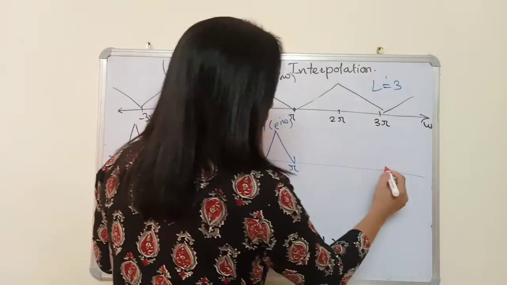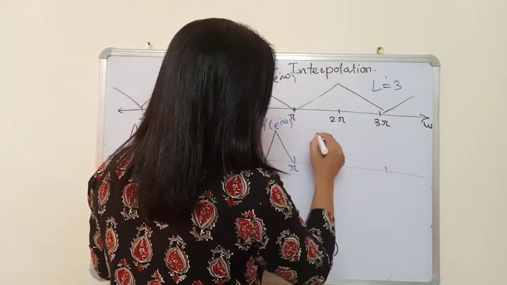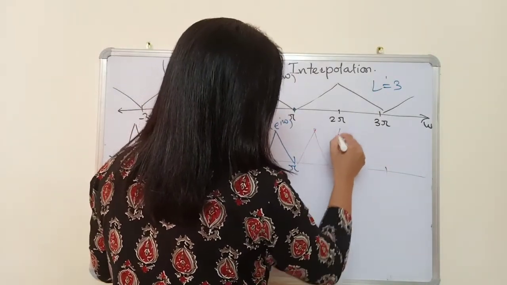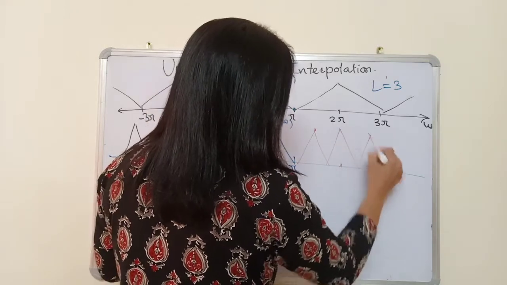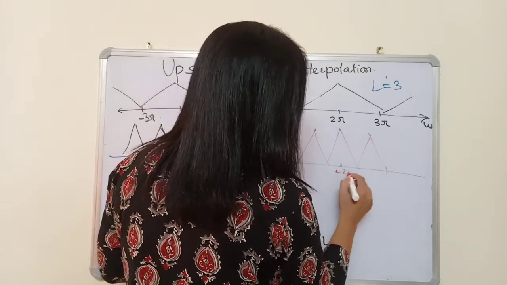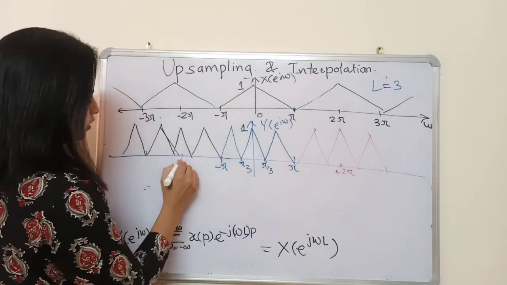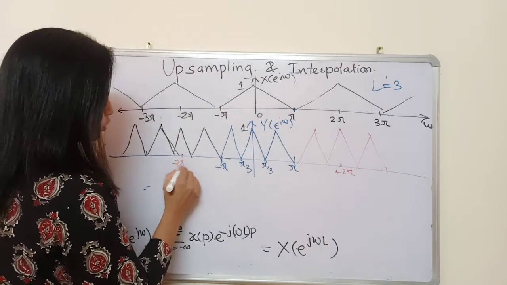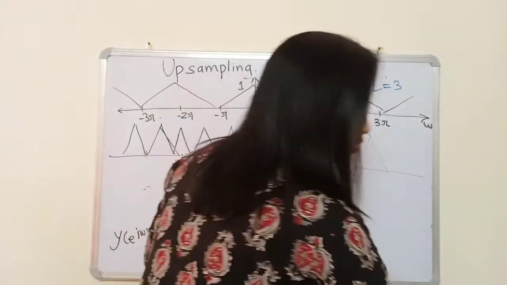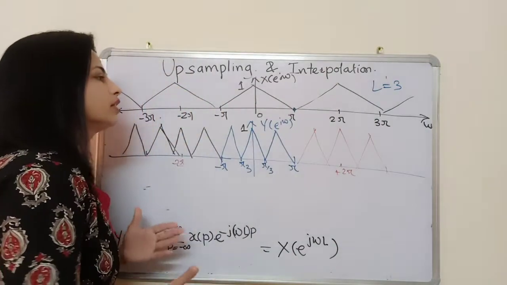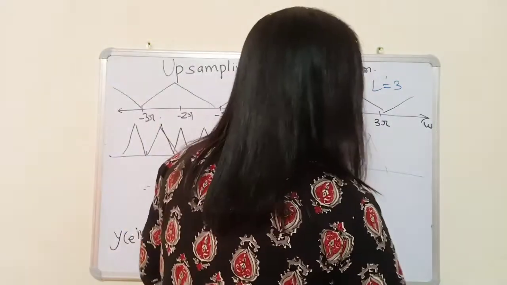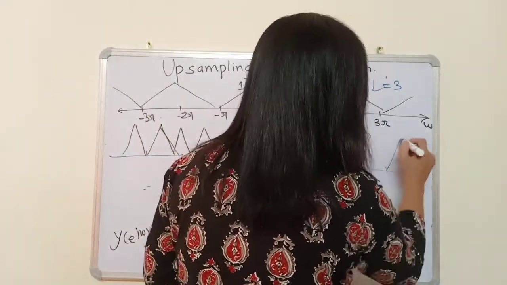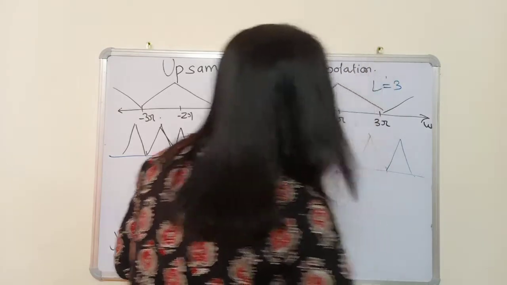So let us draw on this side also. And this is minus 2 pi. So we are observing a lot of images on both sides.